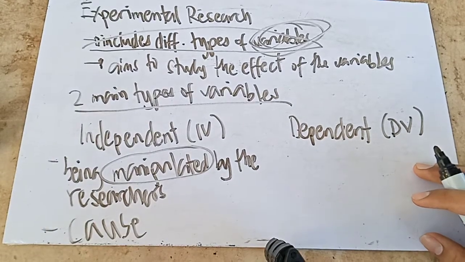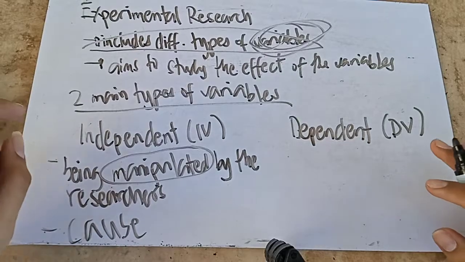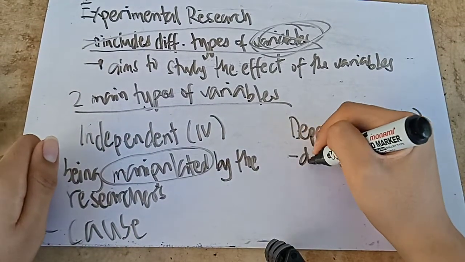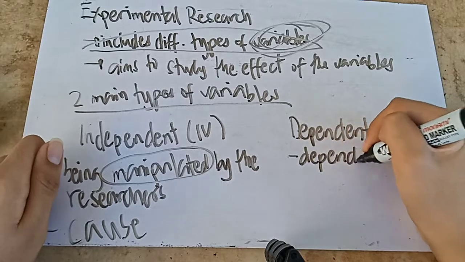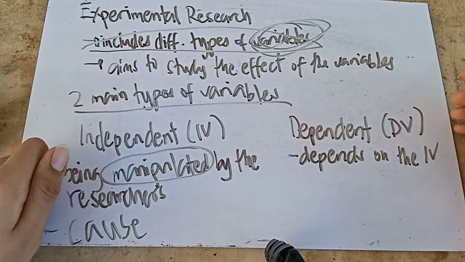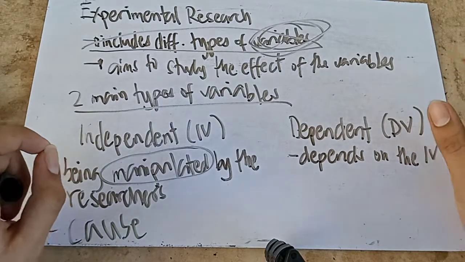The dependent variable, however, is the variable that depends on the IV. It is the variable that depends on the independent variable.